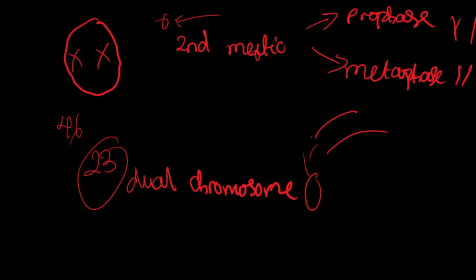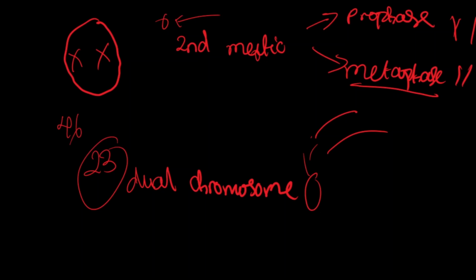Now if fertilization takes place, then the ovum proceeds the second meiotic division down to anaphase and telophase and cytokinesis. Then it fuses with the pronucleus of the sperm. However, if fertilization does not take place, the secondary oocyte at metaphase 2 disintegrates within 24 hours.